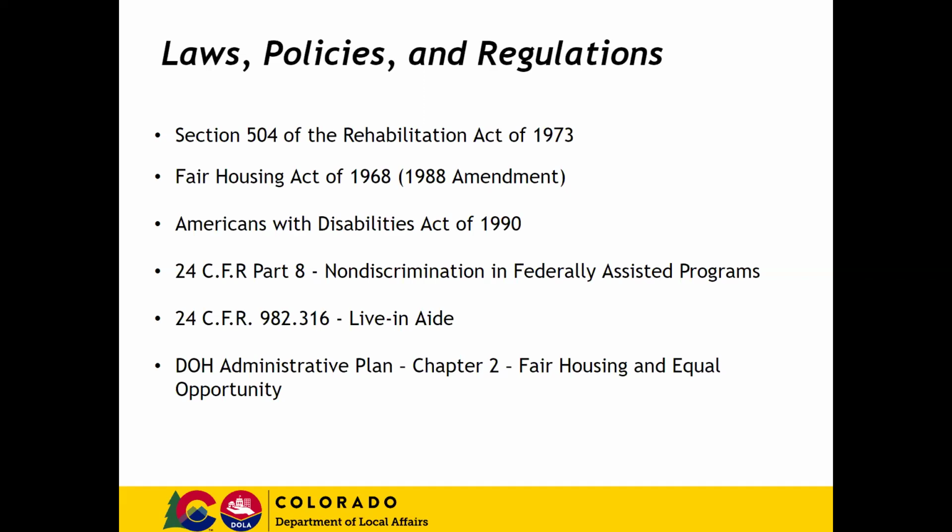Specifically, we will discuss Section 504 of the Rehabilitation Act of 1973, the Fair Housing Act of 1968, but specifically the 1988 amendment, the Americans with Disabilities Act briefly, and then just for your reference, and these are included in the resource slides at the end, the Code of Federal Regulations that we use in our federally funded voucher programs regarding non-discrimination in federally assisted programs and the process and rules associated with live-in aids.